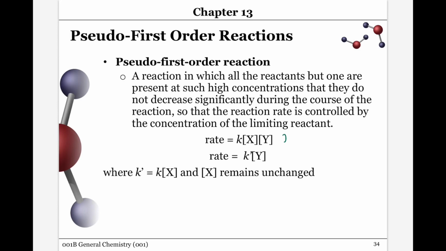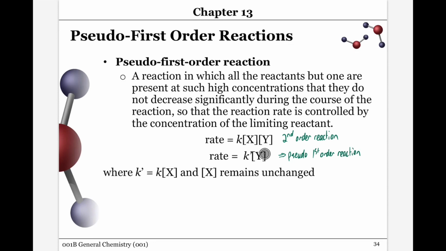So we're taking our second order process here and we're saying that the concentration of X is high enough such that over the course of the reaction, as we're reacting all of Y, the concentration of X essentially remains constant. So this gives us a pseudo first order reaction.